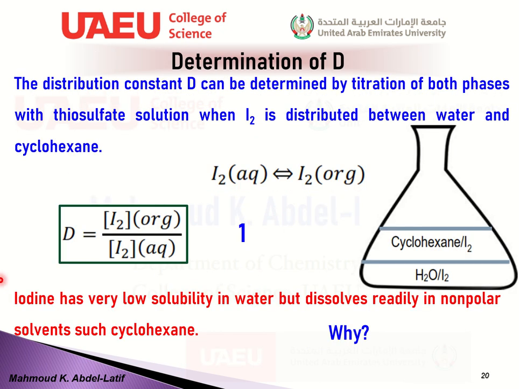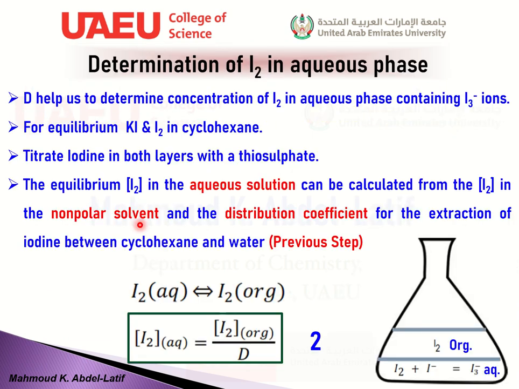In the first part of the experiment, we are going to determine the distribution coefficient of iodine between the organic and the aqueous phase. Once you get the value of D, it helps us determine the concentration of iodine in aqueous phases containing tri-iodide ions.